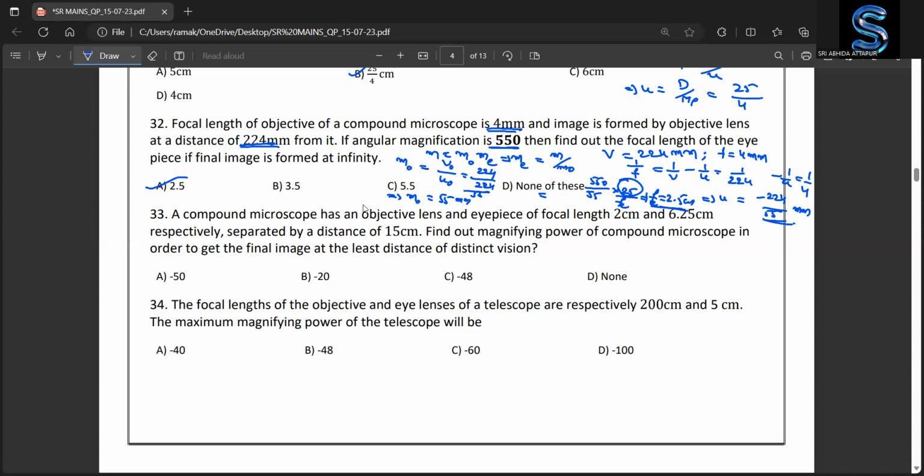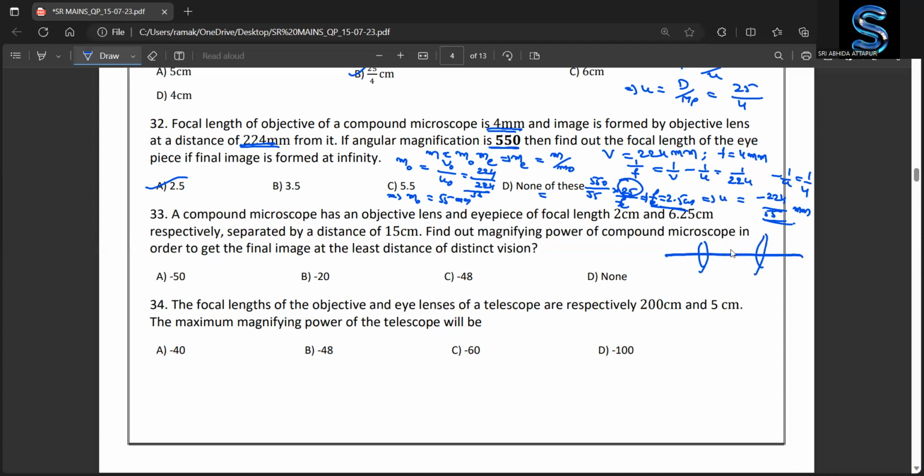A compound microscope has an objective lens and eyepiece of focal length 2 centimeters and 6.25 centimeters respectively, separated by a distance of 15 centimeters. Find out the magnifying power of the compound microscope in order to get the final image at the least distance of distinct vision. So here we are going to consider the objective lens and the eyepiece.